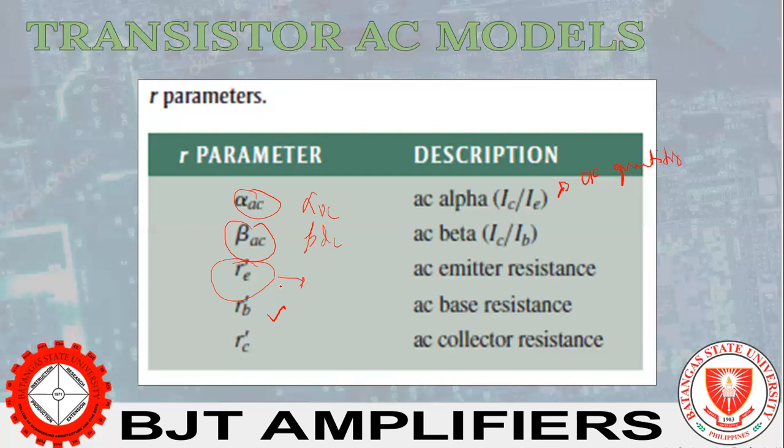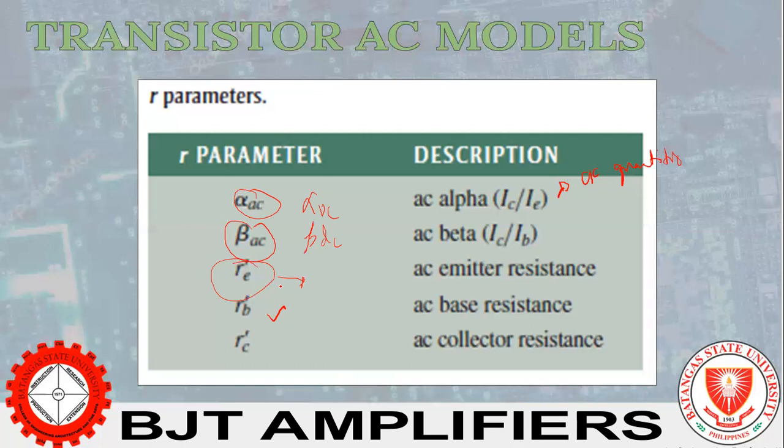Pwede natin i-short na lang siya or gawin lang natin siyang wire o kable. Okay? Then yung rc prime naman, usually mataas siya, 100 kilo ohms, and ang usual niya ay ino-open.